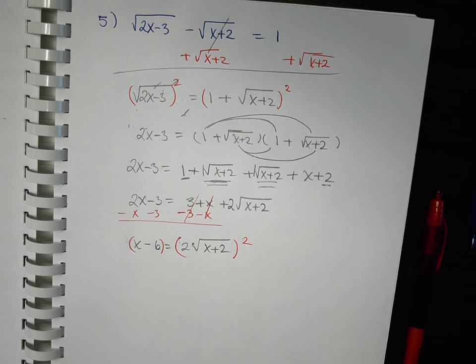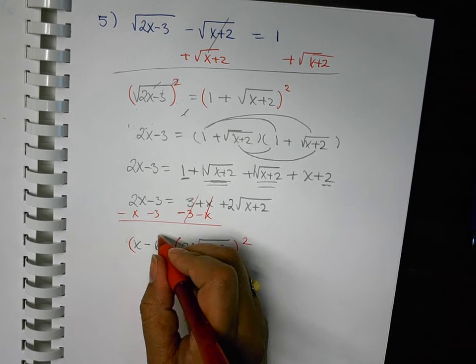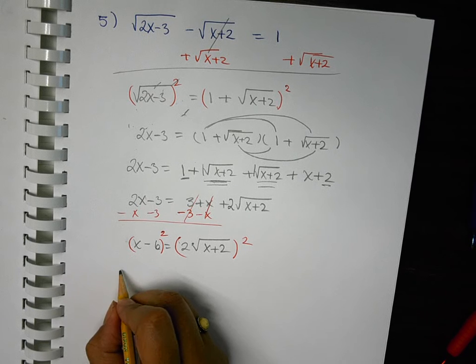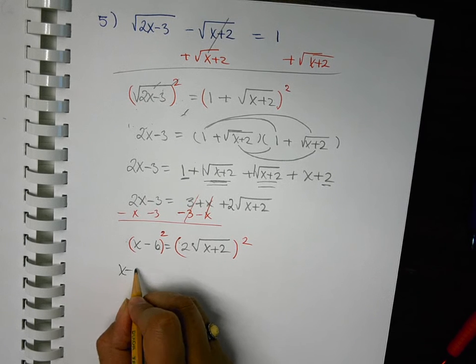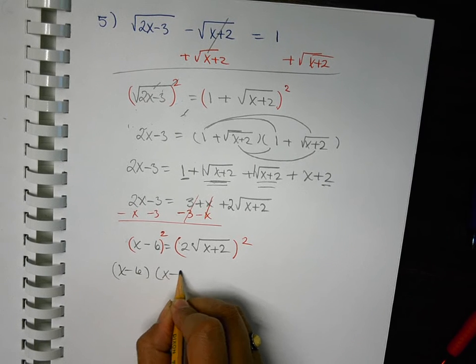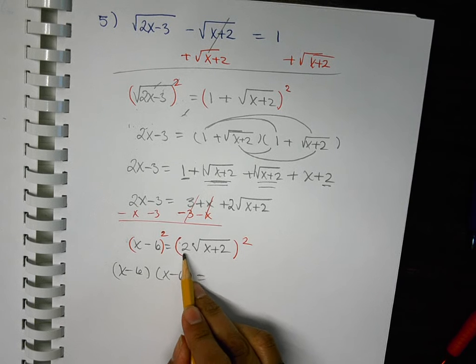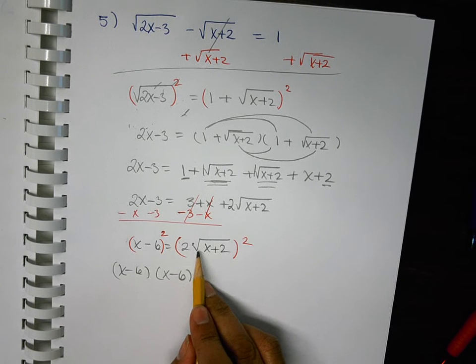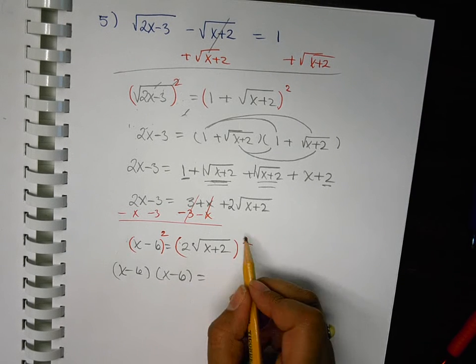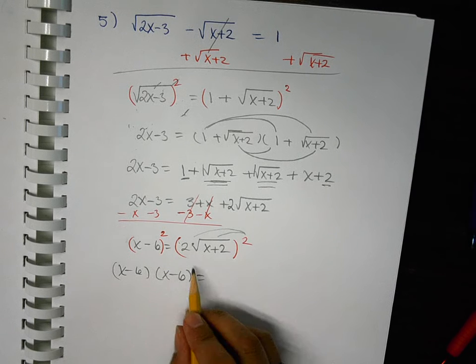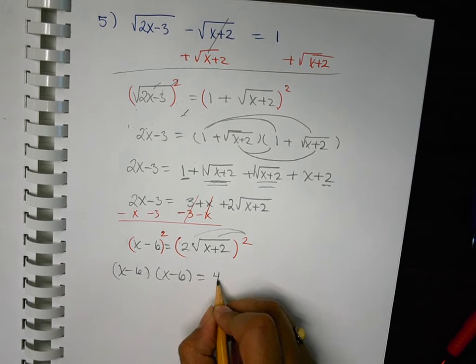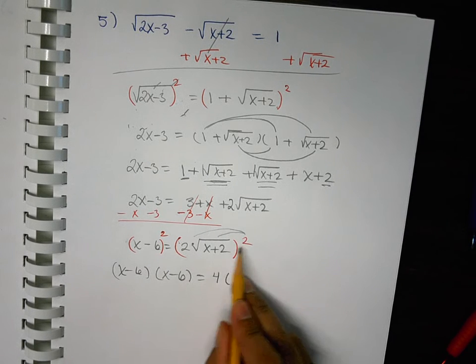So, I've got to write my squared here. This is x minus 6 times x minus 6. Here I do have to square the 2 because it's not under the square root. Do you see that? So here I am distributing because it's one term. What's 2 squared? 4. And what happens with the square root and the squared? It just cancels.